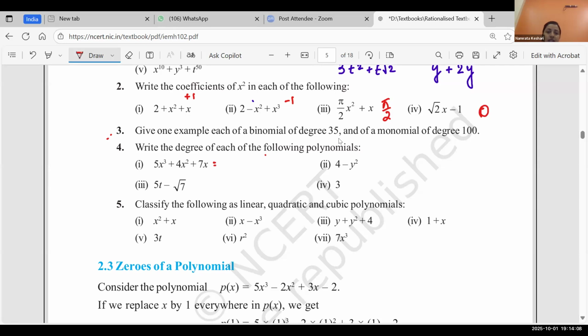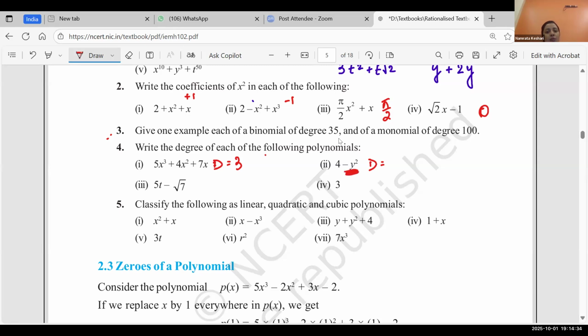What is the degree of the polynomial? Degree 3, the highest power of the variable. What is the degree of the second one? 0. Second one: 2. The variable is y, can you see?